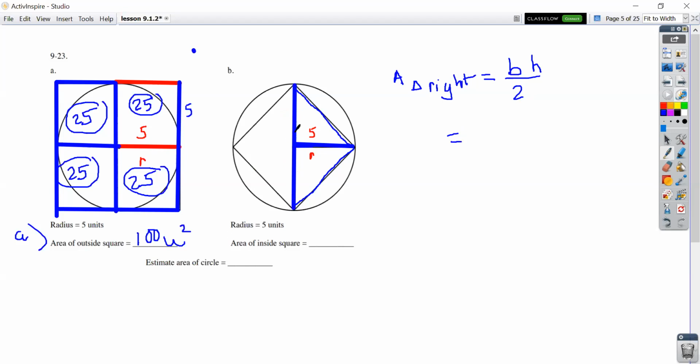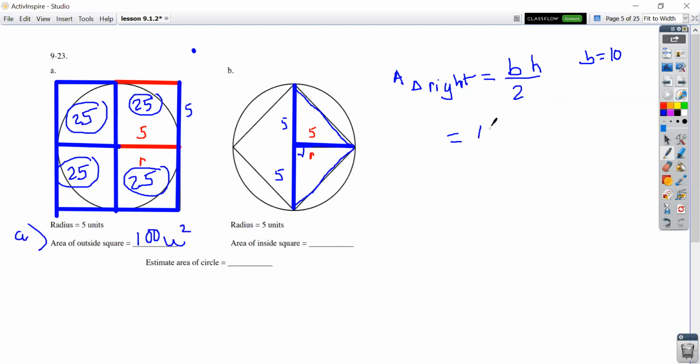The base right here, since this is the center all the way up to the circle, we call it radius. So this is 5. From center all the way down to the circle, this is 5 because it's the radius. So the base is 5 plus 5, okay? The base equals 10 because you take 5 plus 5. And the height right here, letter H, height, okay, equals 5.